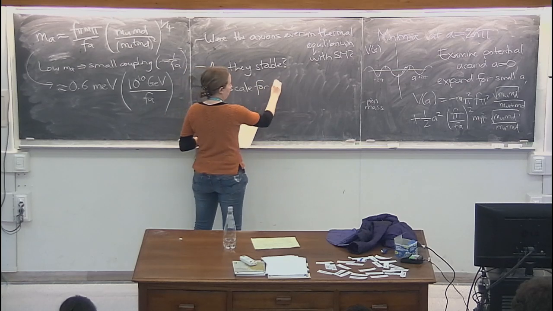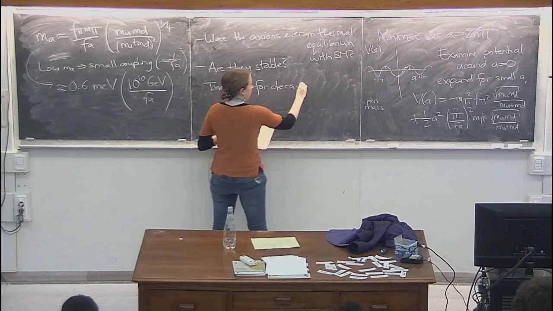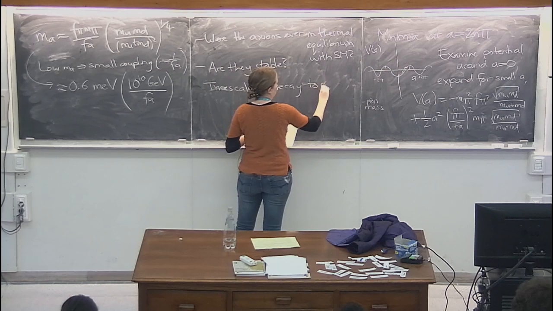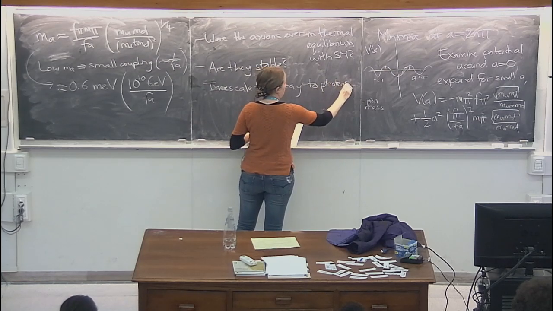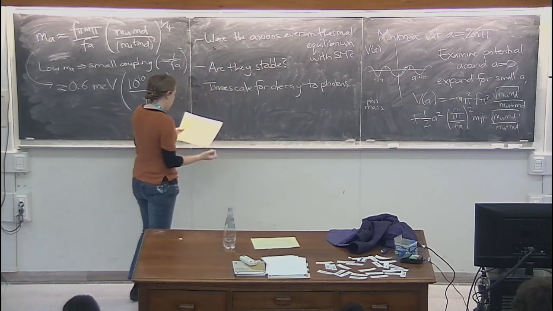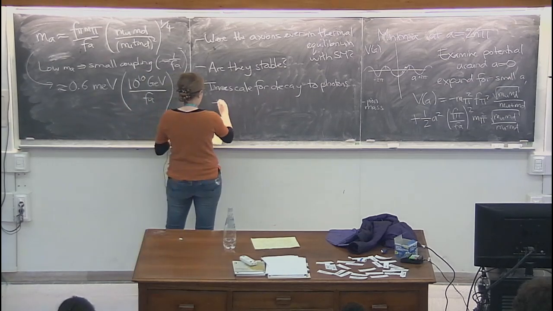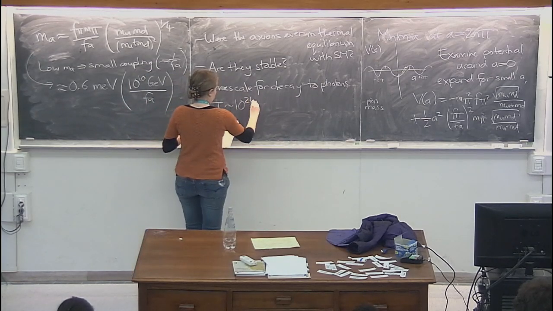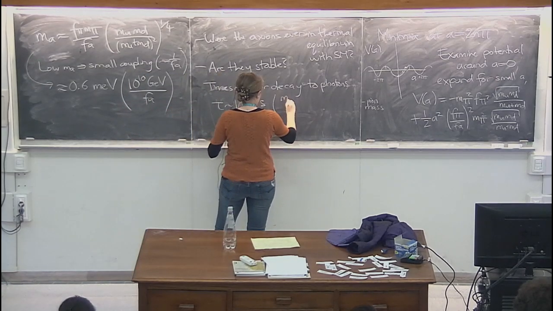It comes out as about, for eV mass axions, the time scale for decay would be about 10 to the 24 seconds.